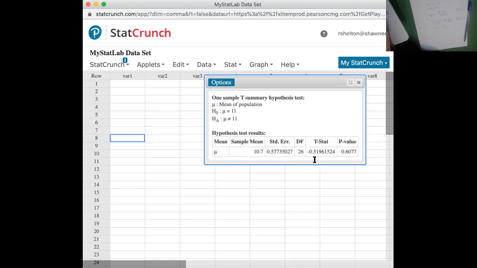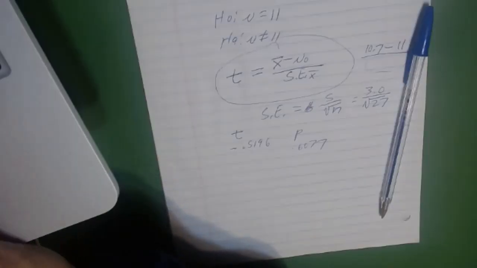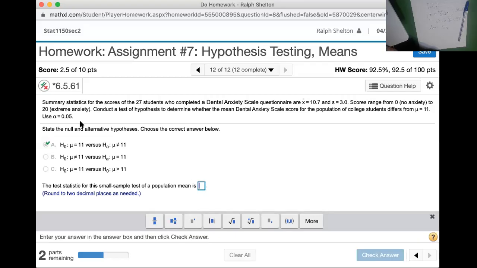All right, let's go back to the problem. It wants us to put the test statistic. I didn't label it t, but I did write it down. Let's share.